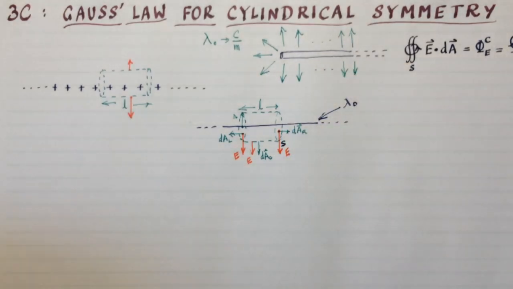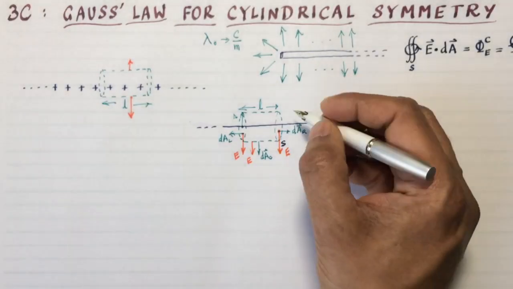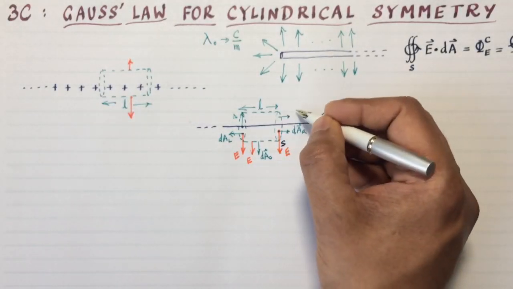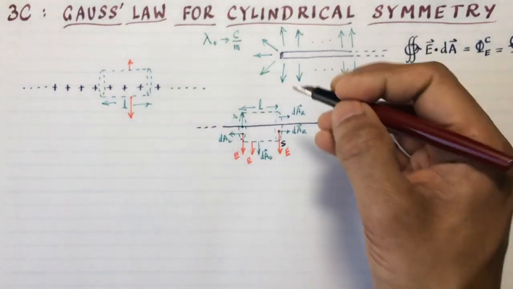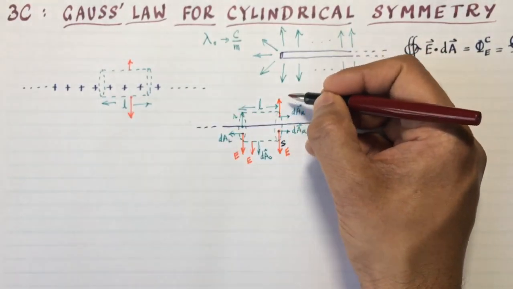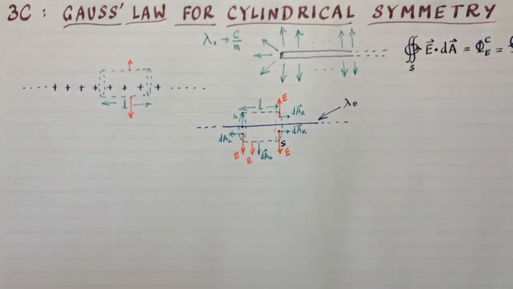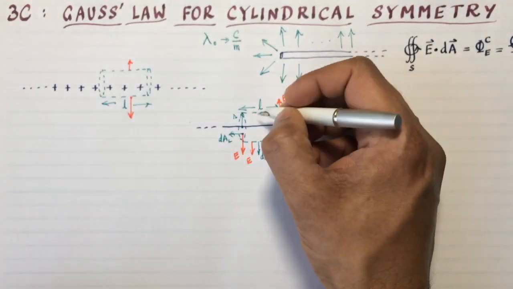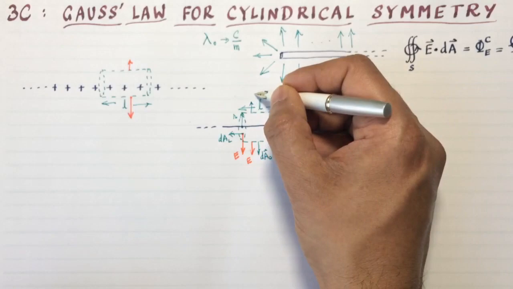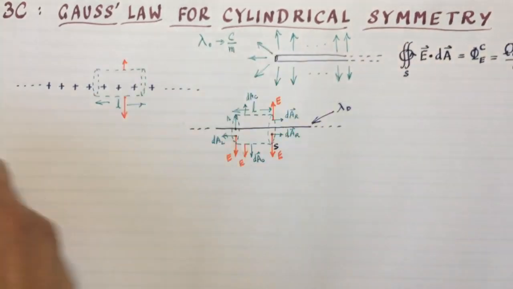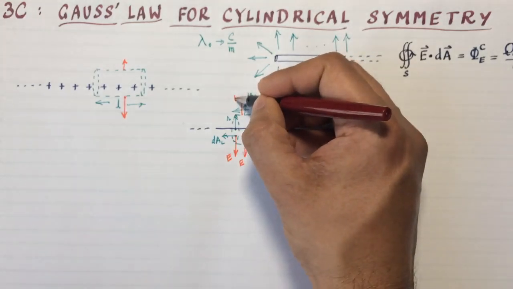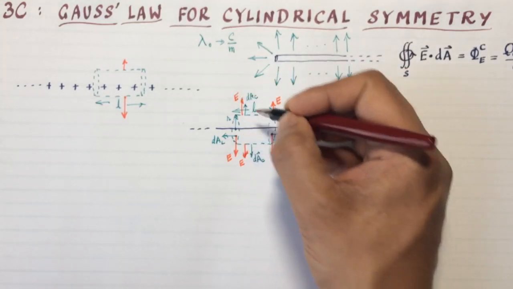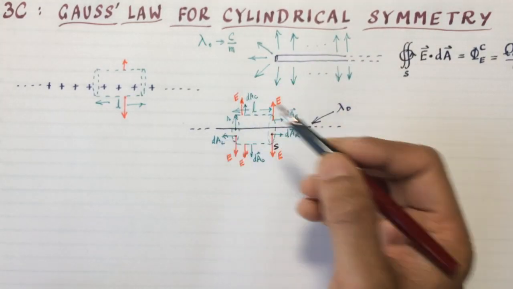And I can also go ahead and write some vectors on this side, if you will. So that's also dAr, and the electric field here would be like that. And I can draw a dA curved on this side and the electric field on that side, E, is the same size as this, and so on.